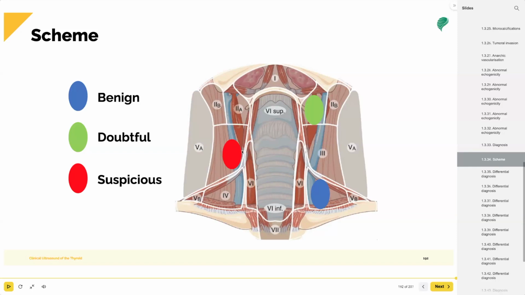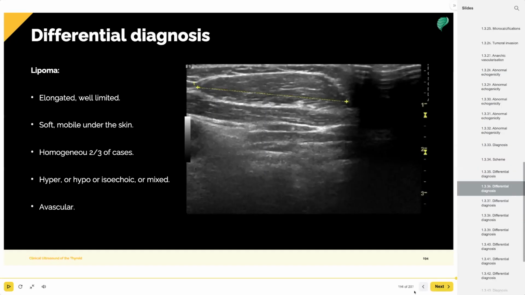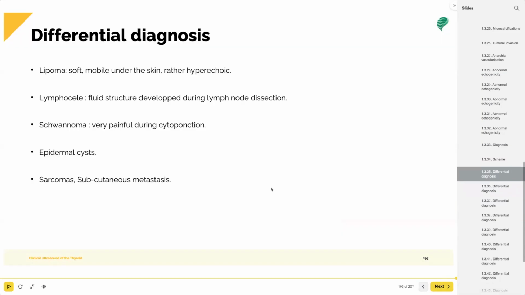So this would be a suspicious area, a doubtful area. This would be a benign area, closer to the clavicle. If you found an abnormal lymph node, you'd be able to differentiate the significance using that graph.